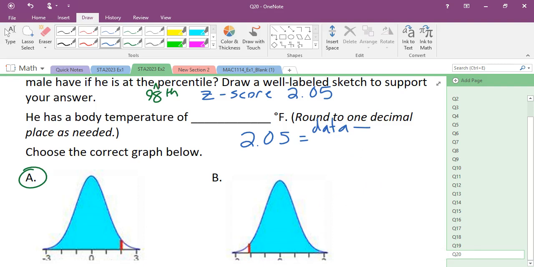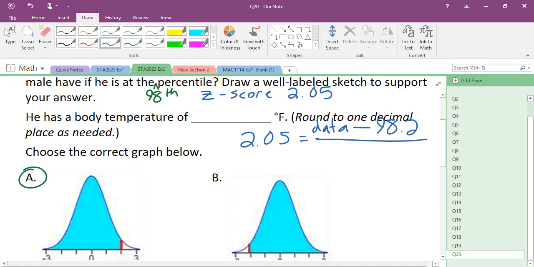What's the mean? 98.2. Divided by the standard deviation. What's the standard deviation? 0.7.